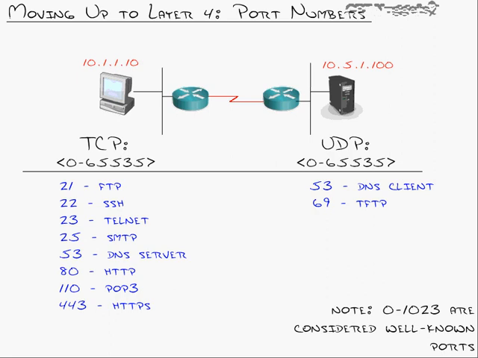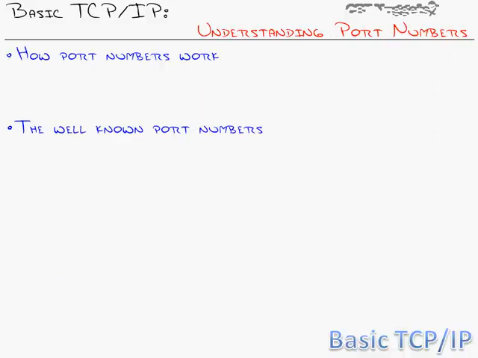It's going to use UDP port 53 to ask a server and figure it out. UDP port 69 is TFTP. That stands for the Trivial File Transfer Protocol. That is one that we can use to send and receive files to and from our Cisco devices. That's it. Short and sweet.